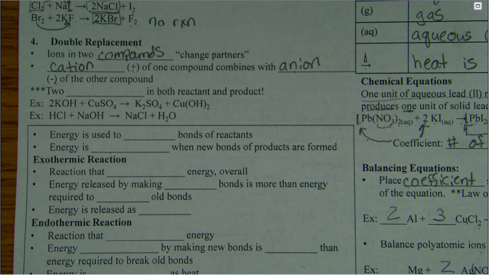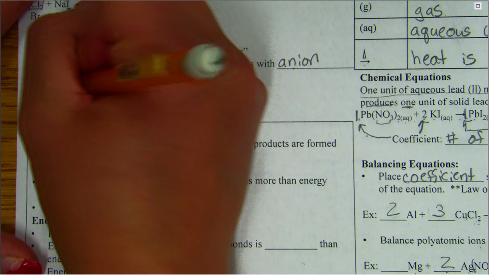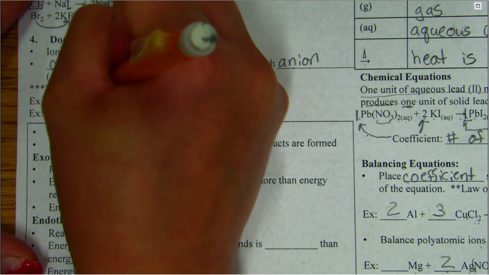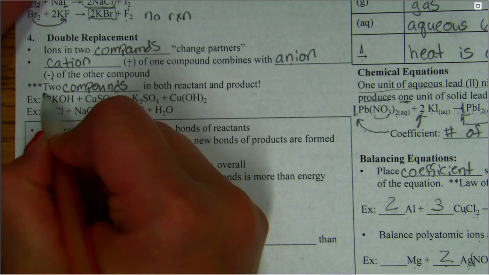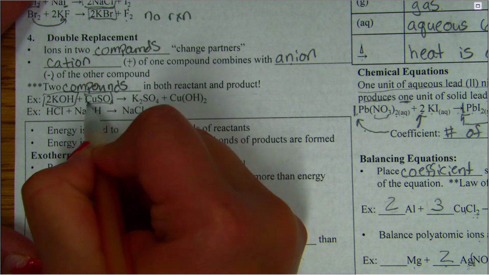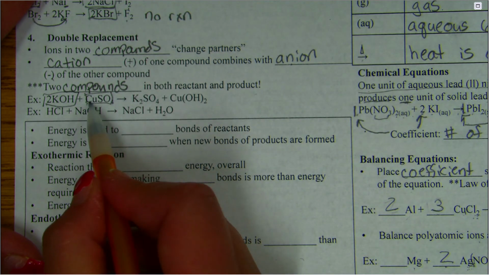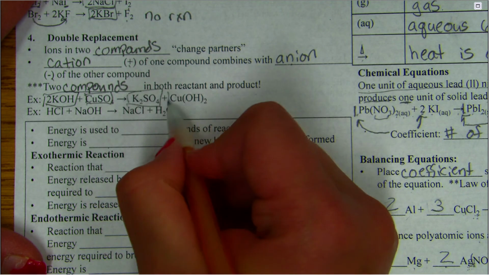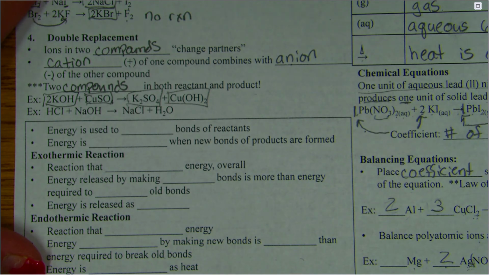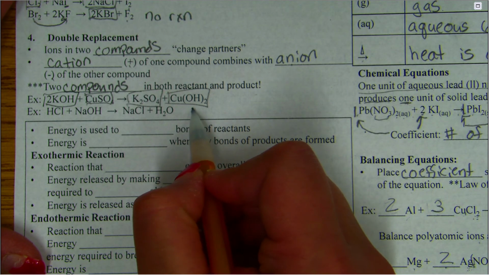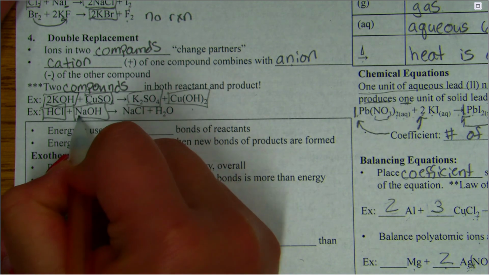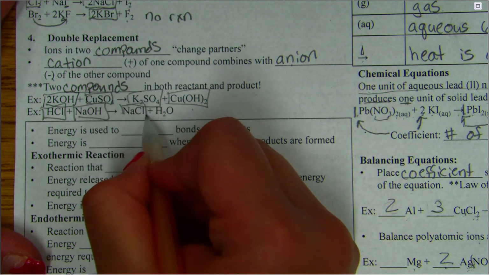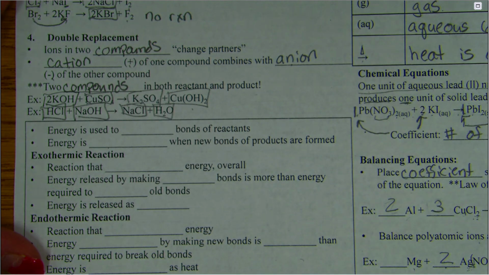So basically what we have is two compounds, both as products and as reactants, all right? I have two compounds on the reactant side, and I have two compounds on the product side.